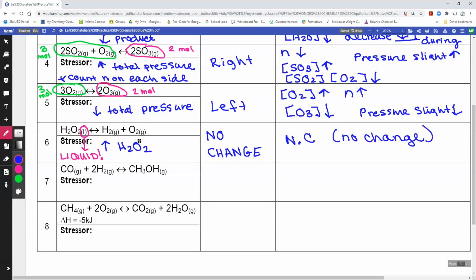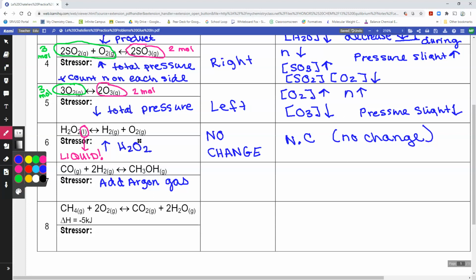All right, let's do this one. This time I'm going to ask you to add argon gas. Remember, when pressure changes based on the chemicals that are involved in the chemical reaction, things change. But if you're changing the overall pressure by just adding an extra gas, your partial pressures don't change.